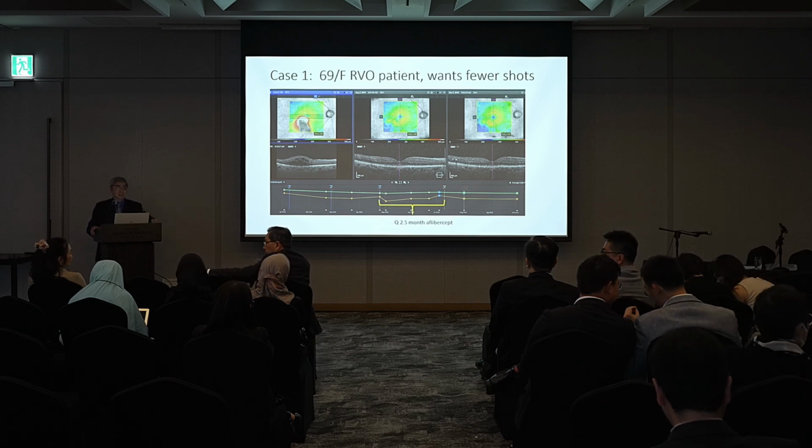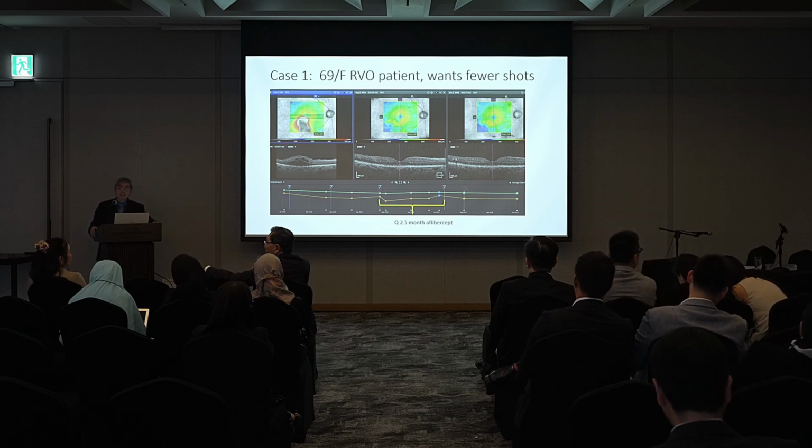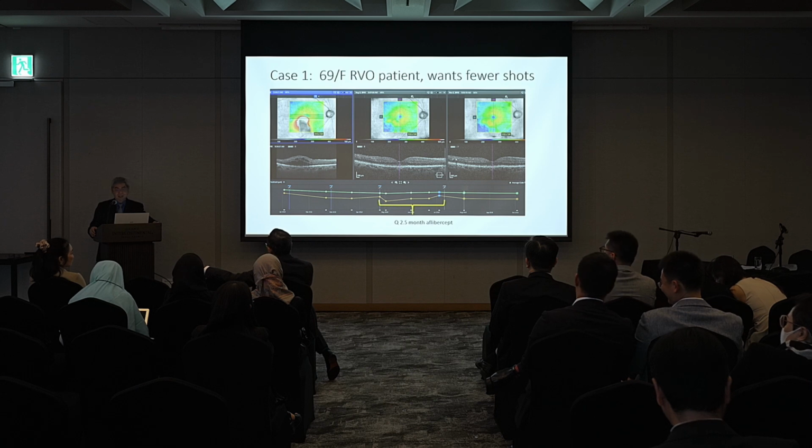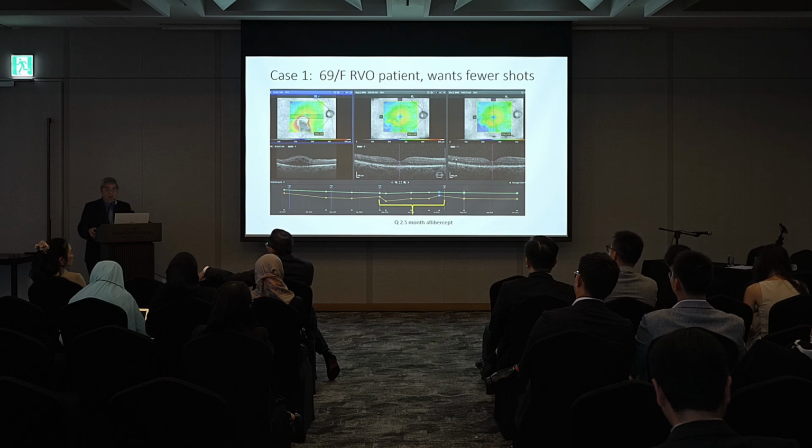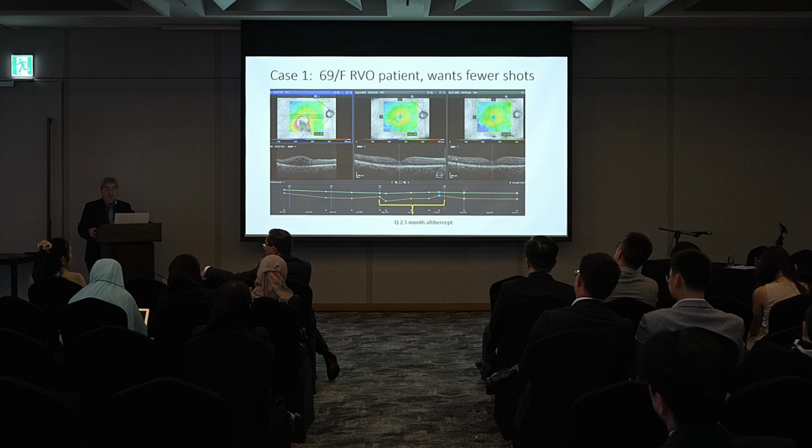Of course, the newer generation anti-VEGF agents have had some benefit in terms of extending durability. So I would perhaps consider moving to faricimab or Vabysmo or even Eylea 8 milligrams. The key here is to use a treat and extend. If you want to extend out to 16 or even potentially 20 weeks, you have to do so when the macula is dry and not when the fluid has already recurred.